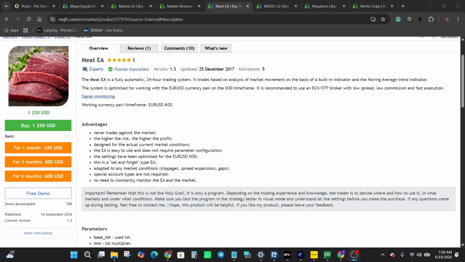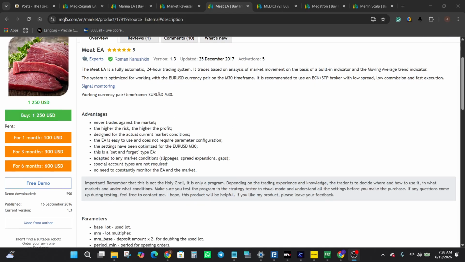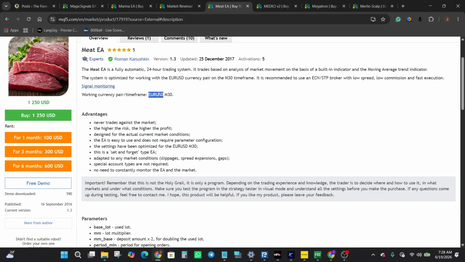One important detail provided on the page is that the EA has been optimized for the EURUSD currency pair on the M30 time frame. Since the developer specifically highlights EURUSD M30 as the intended operating environment, that's the primary context in which the system is designed to be used.